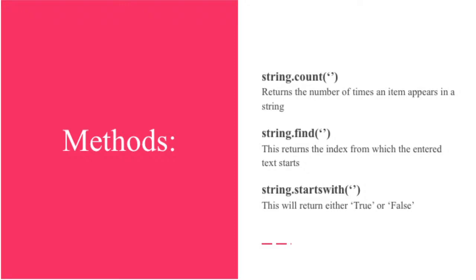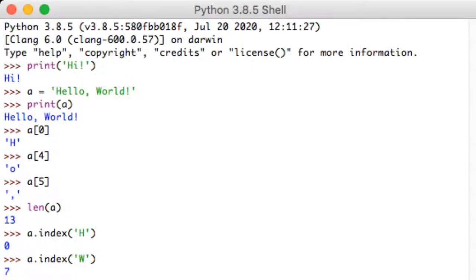So, back to your IDLE. You need to do a dot count, and then you specify the item. Let's take o.